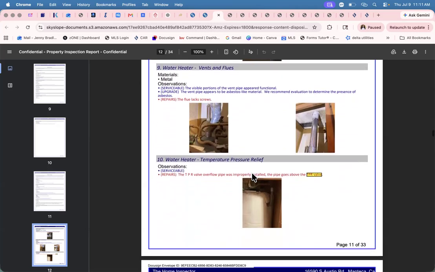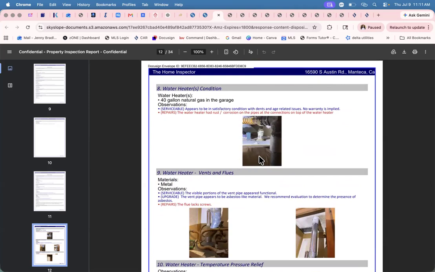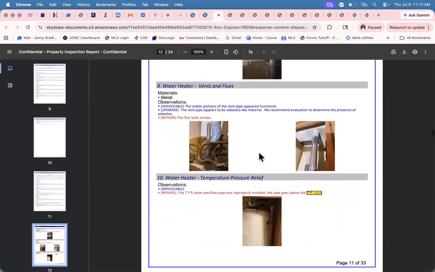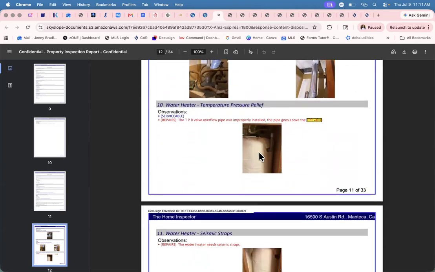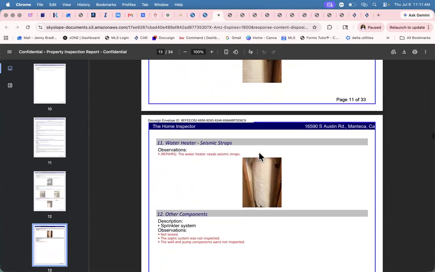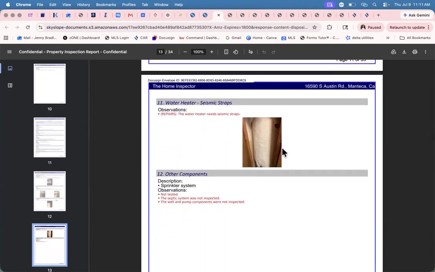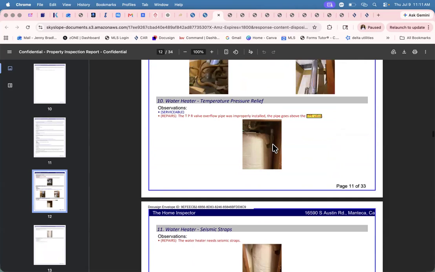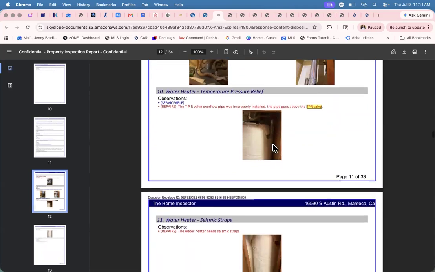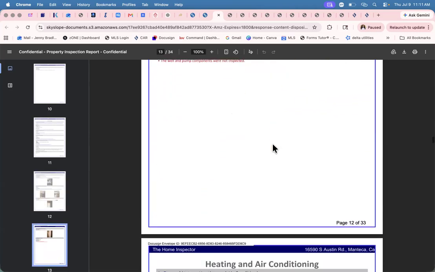So this was the water heater prior. Before we closed escrow, they put a brand new water heater in and brand new pipes, brand new everything. So that was pretty great. This is what the water heater looked like originally, but when my clients moved in, they put a brand new one in, which is nice.